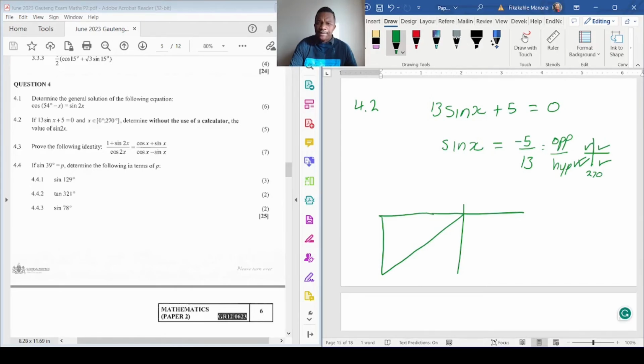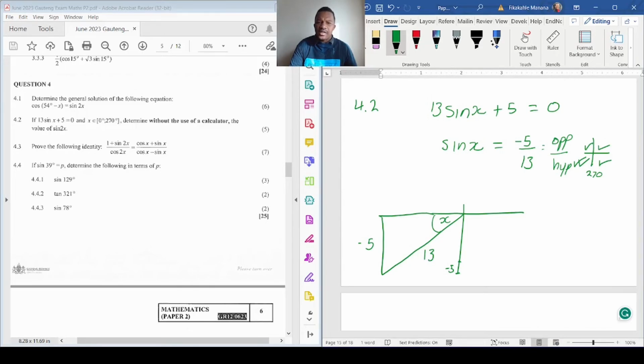So that's x there. Opposite is here and opposite is 5. So it's a negative 5 because we're on the negative side here. So a negative 5 down there. And then the hypotenuse is 13.